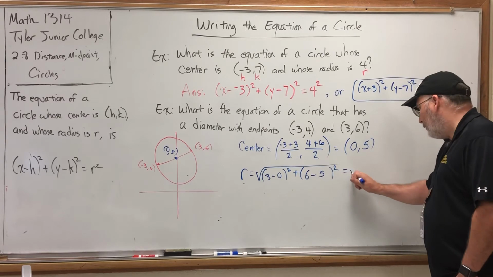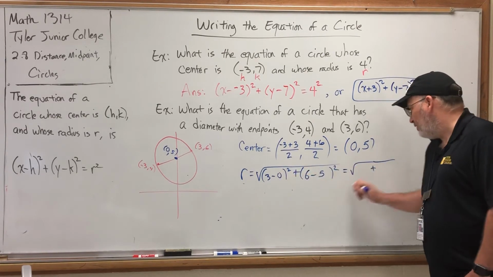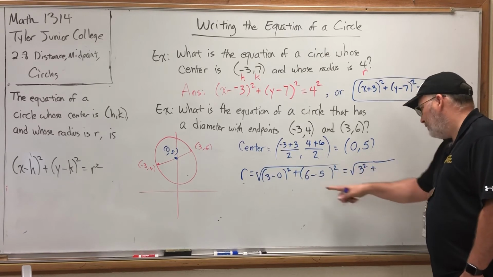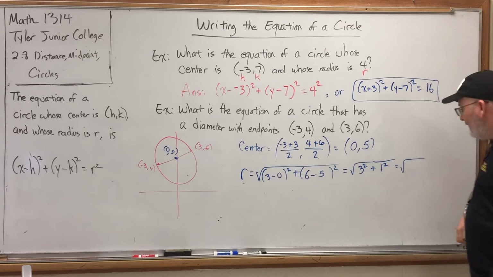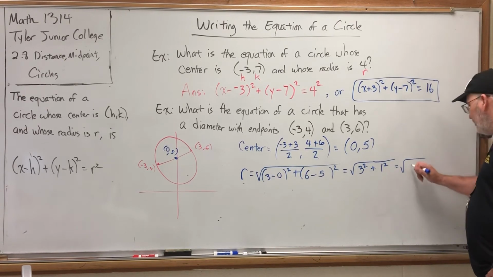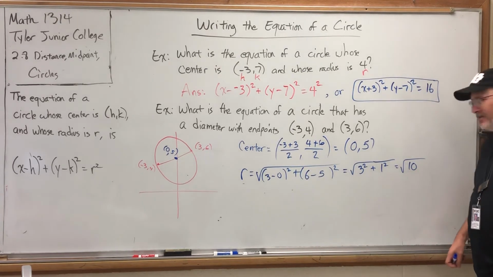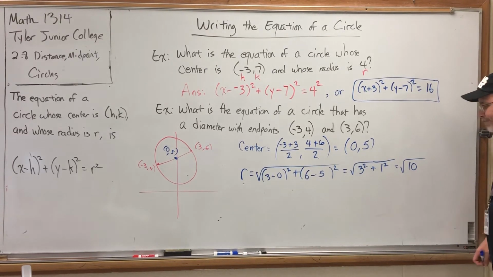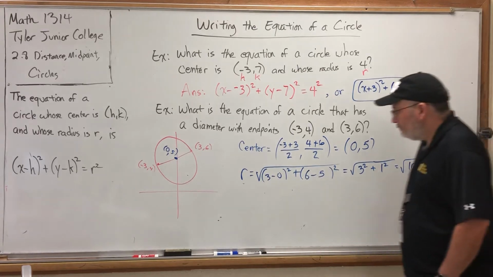All right, let's see how far we can push this. 3 minus 0 is 3, so that'll get squared. 6 minus 5 is 1, so that will get squared. Let's not dilly-dally here. 3 squared is 9, 1 squared is 1, 9 plus 1 is 10. Oh, look, the radius is the square root of 10. I can't simplify it, and I don't really want to turn it into a decimal. This is a perfectly acceptable radius.